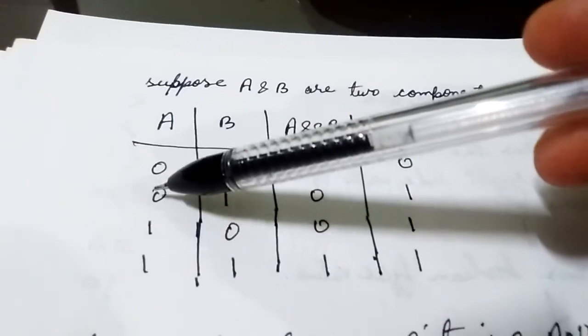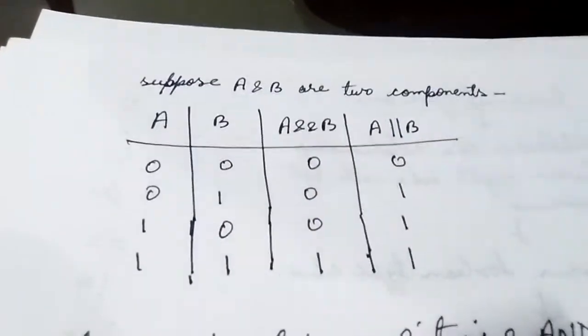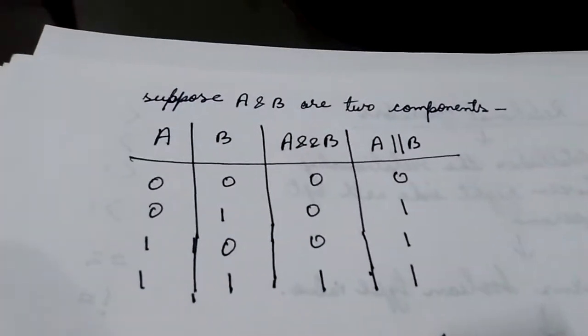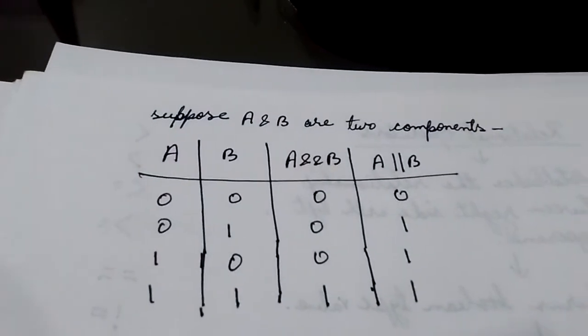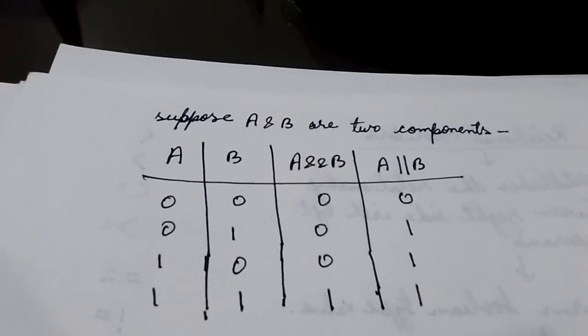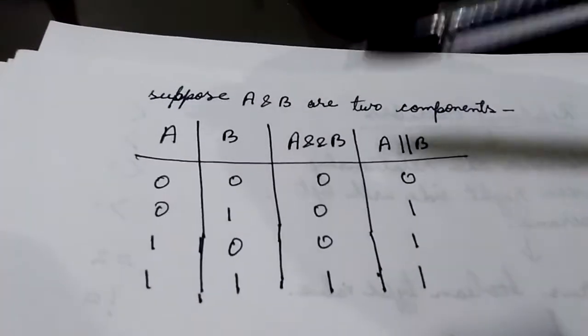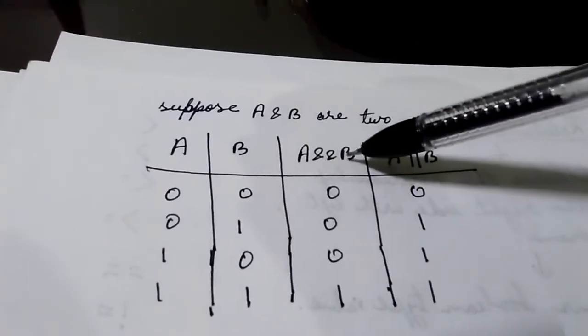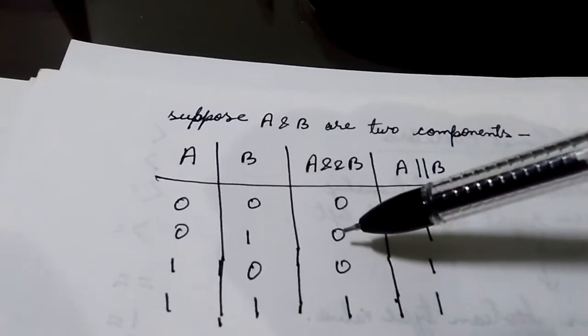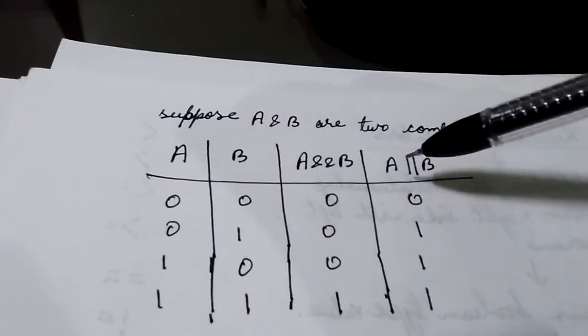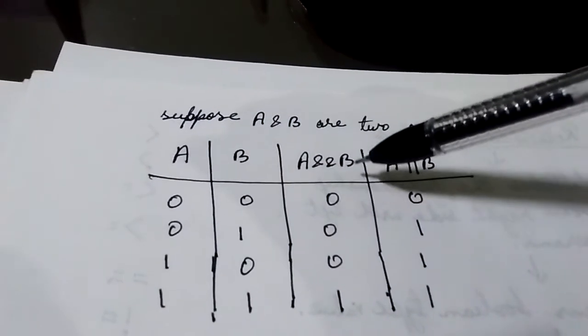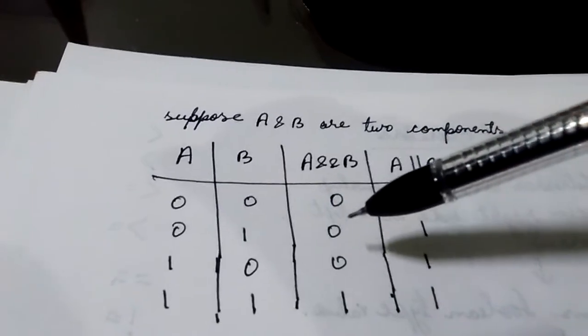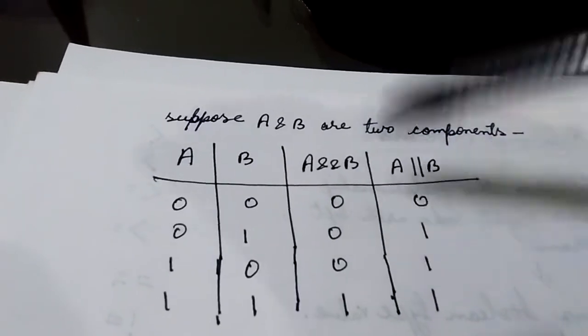If we see 0, 1, it means A is returning false and B is returning 1, which means true. Then A and B is 0, that means it is returning false.